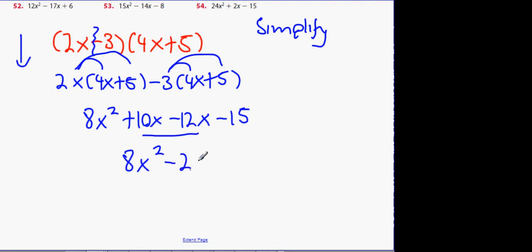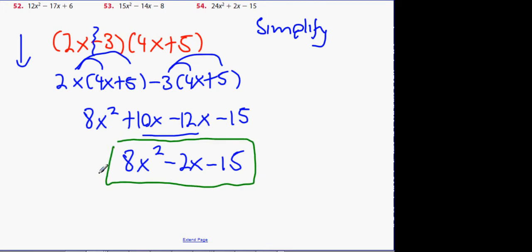And minus 15. Now guys, we're going to go from, see this bit in the green? We're going in reverse. We're going to go from the green bit all the way back up to the red bit. This is called factorizing, or factorize.